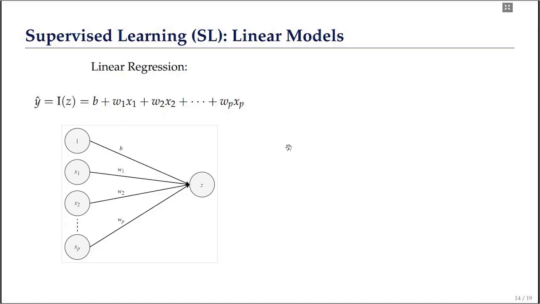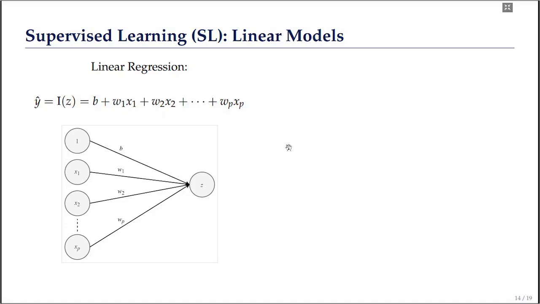So we have p plus 1 inputs and one output z. Therefore, this type of representation is called a single layer neural network. So simply we can consider linear regression as a single layer neural network model.